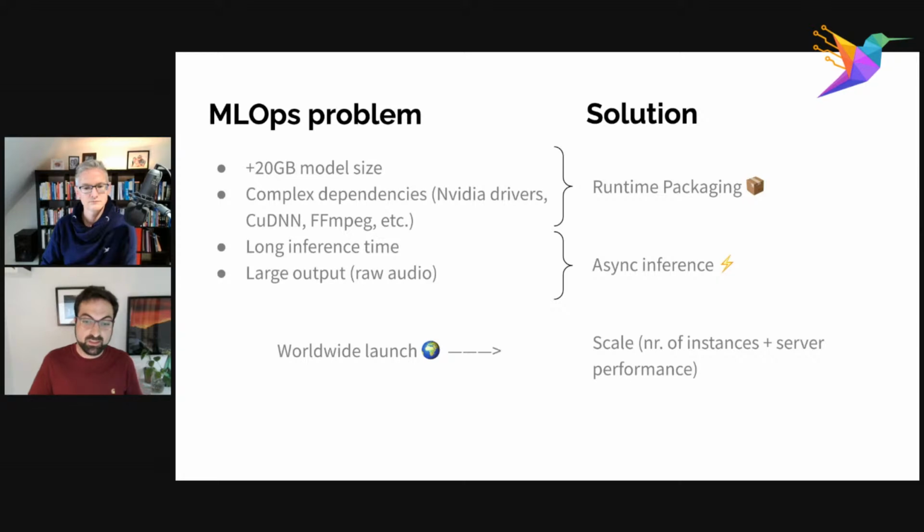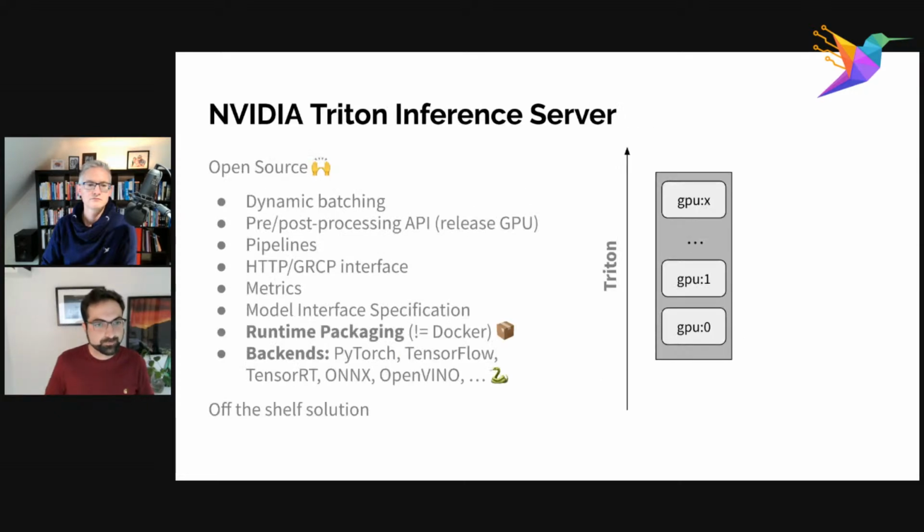How to tackle the worldwide launch? Well, you just need scale in terms of the number of instances that can run in parallel, but you also want to make sure that you're exploiting your GPU power as much as possible.